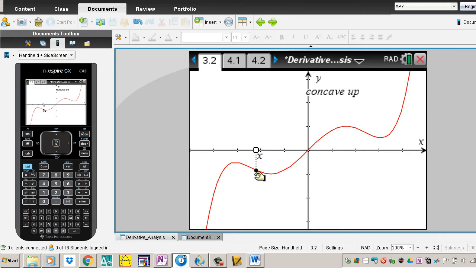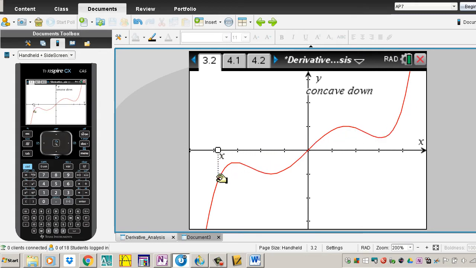So here I have an exercise that you guys have done already, and here I have concavity. I have a concave down curve here, and then it goes to concave up, concave down, somewhere here it changes to up, and then up forever.